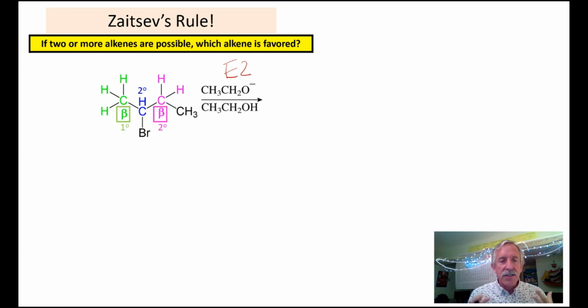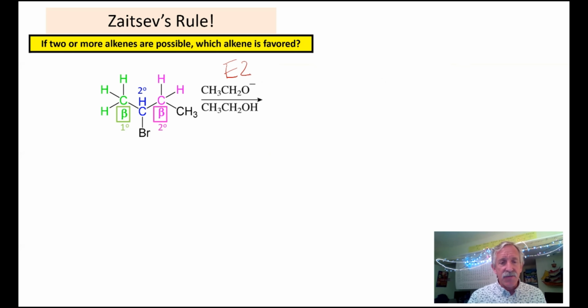So even though that's a strong nucleophile, it will only react SN2 on a primary aliphatic carbon. So here it's got to look for some beta hydrogens, and we have the green beta hydrogens and the pink beta hydrogens. We've had this issue before a little bit, and we'll come back and look at that. But which hydrogen is going to get removed? Which alkene is going to be formed?